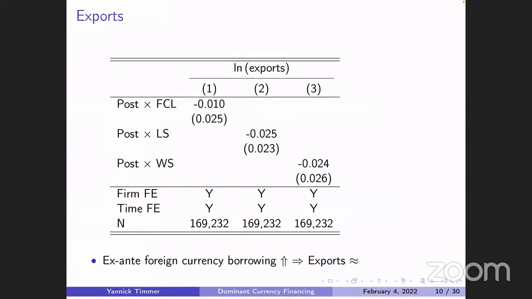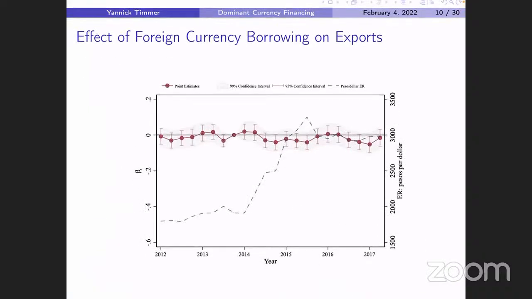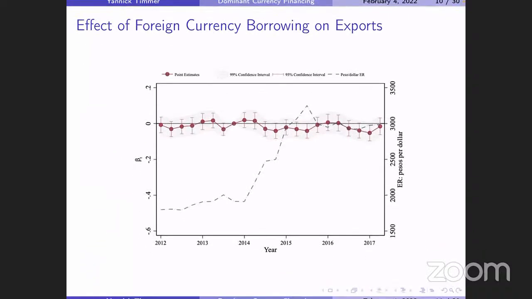If we instead replace the post dummy with a dummy for each period and we plot it over time, we see that this effect is statistically not different in the post-depreciation period compared to the pre-depreciation period. So you see that when there is a depreciation in the exchange rate in 2014 and 15, there's almost no change in the coefficient.